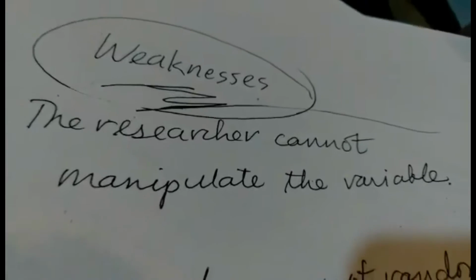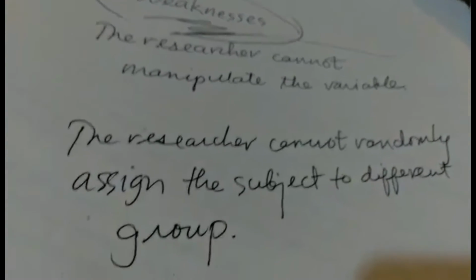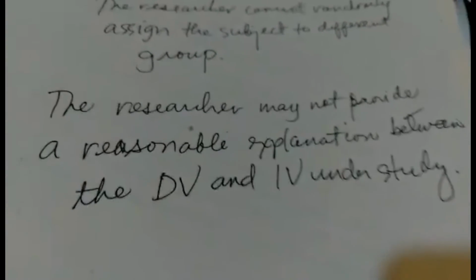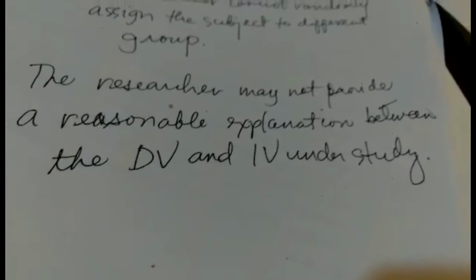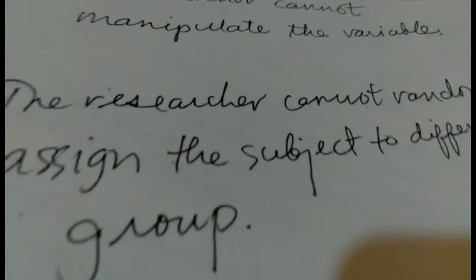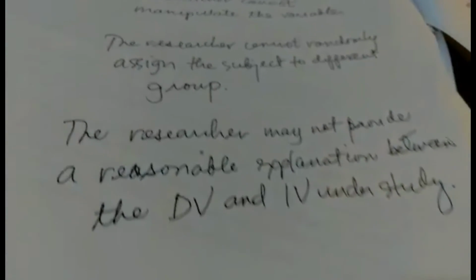As discussed earlier, in ex post facto research, the researcher cannot manipulate the independent variables. Second, the researcher cannot randomly assign the subjects to different groups. And finally, the researcher may not be able to provide a reasonable explanation for the relationship between the independent and dependent variables under study.